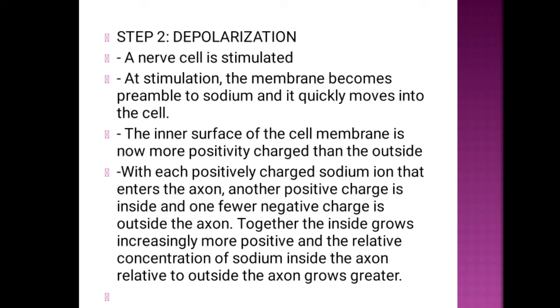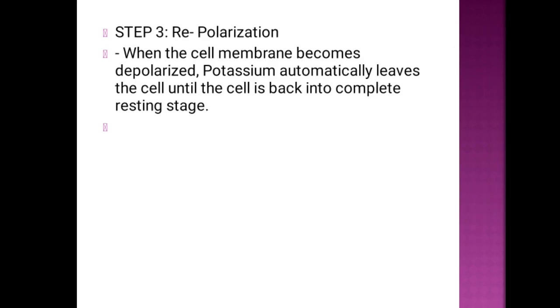Here we see each positive charge, a sodium ion, enter the axon, and the axon is a long thread-like part of the nerve cell that transmits the information to different neurons. Here is the repolarization. Then step 3: when the cell membrane becomes depolarized, potassium automatically leaves the cell, until the cell is back into the complete resting stage.